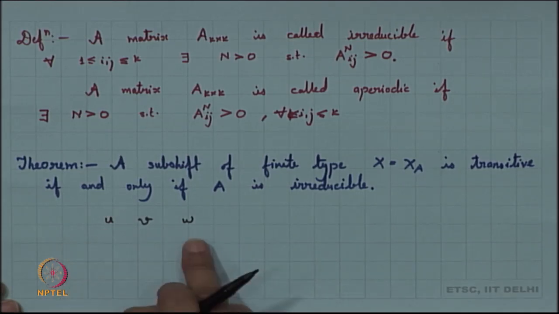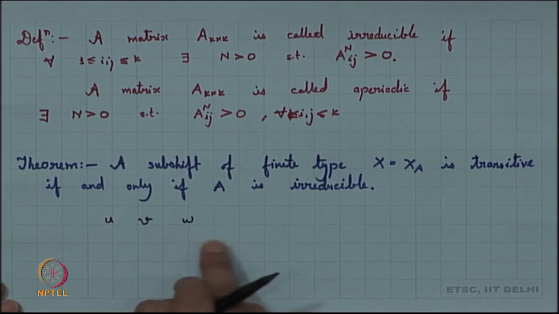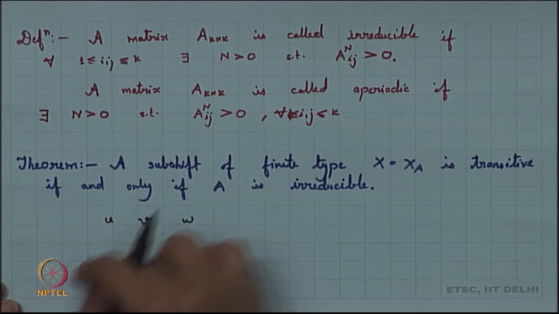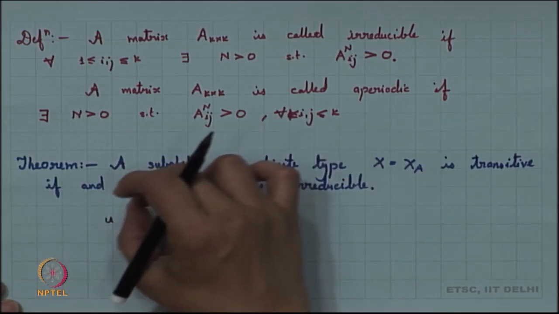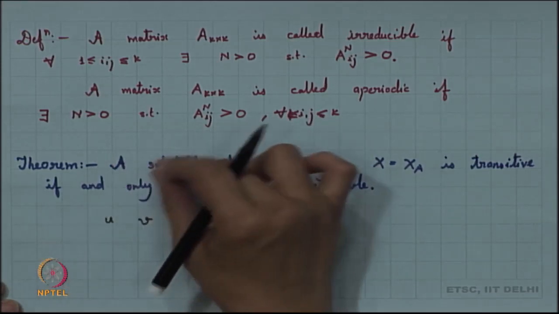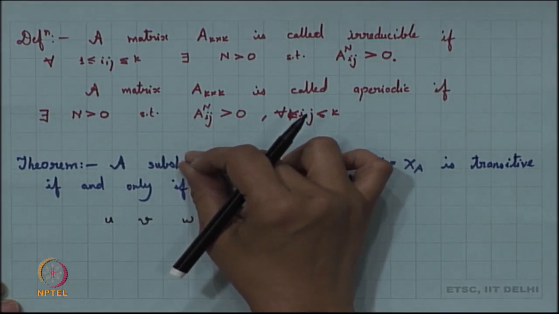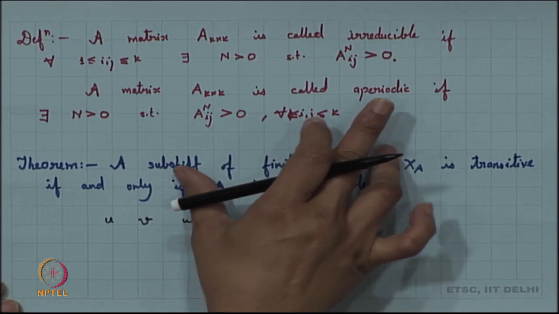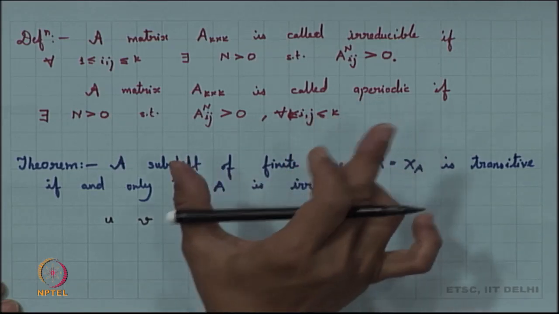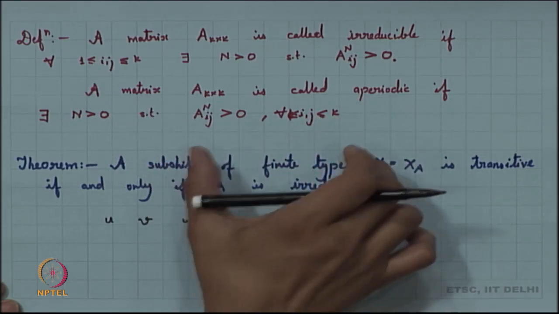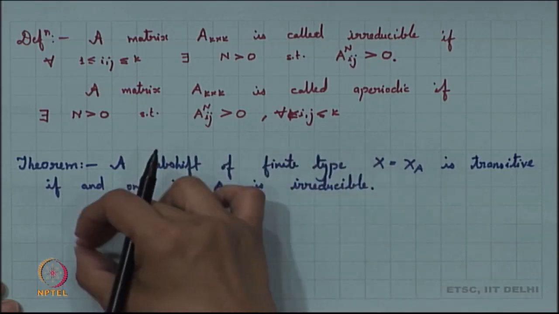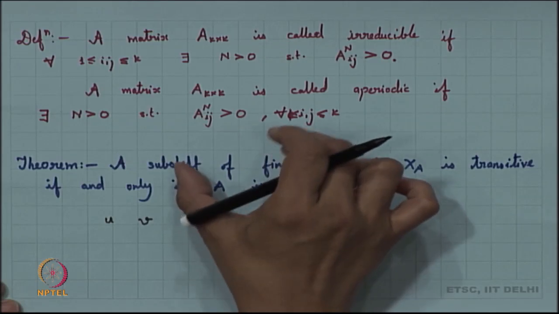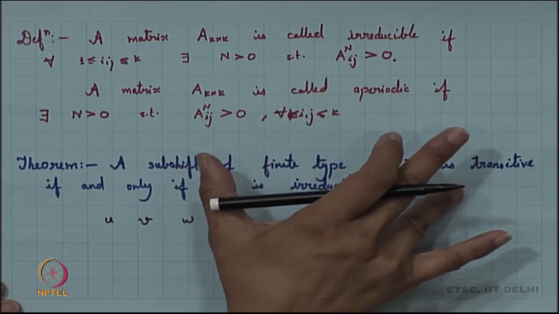So, basically saying that this is a subshift of finite type is the same as saying that this is irreducible, because my u could end up in the vertex i, because this word u could perhaps end in the vertex i. Your word w is perhaps starting from the vertex j, and in between you can always find a path, that means you can find a word in between such that this word uvw is intermediating between the vertex i and the vertex j.